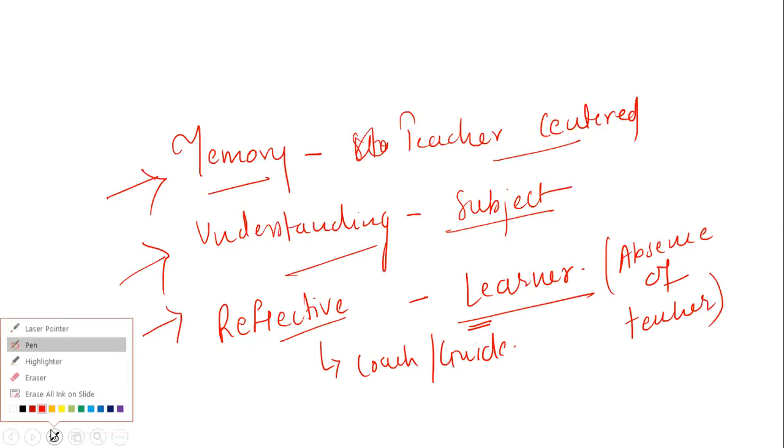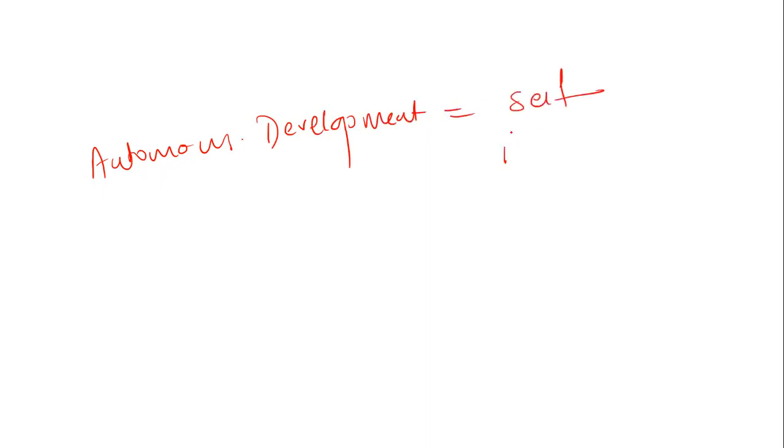Now, the autonomous development level. When I use the term autonomous development level, it is a self process, a self development process. Here no one else is there. You yourself make sure that you are putting in your efforts to ensure that you are learning something.